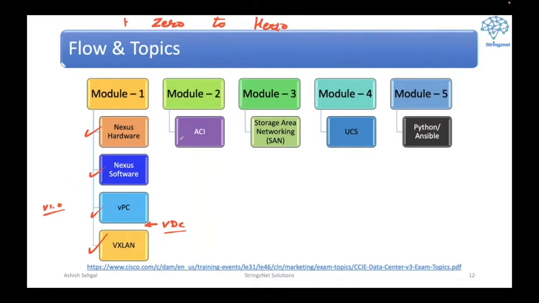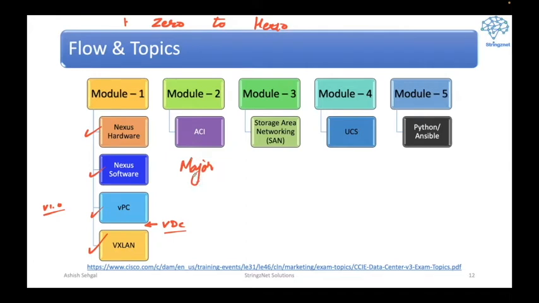No worries. Module number 2 will be ACI. Just don't think that this is a very small module. This is a major component. You may be thinking, why don't we normally begin module number 2 after Nexus?